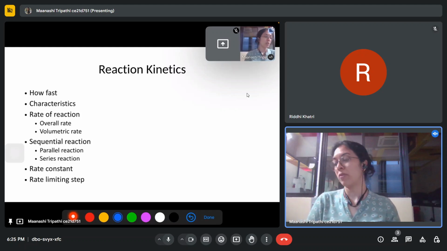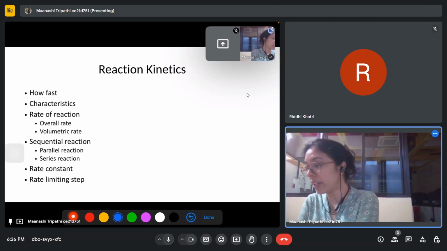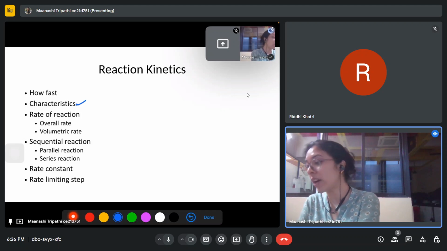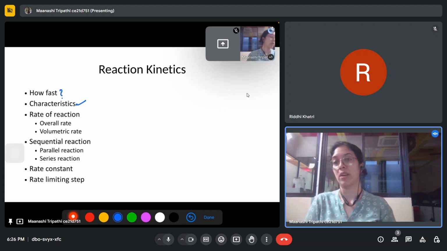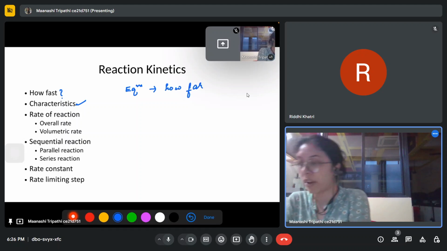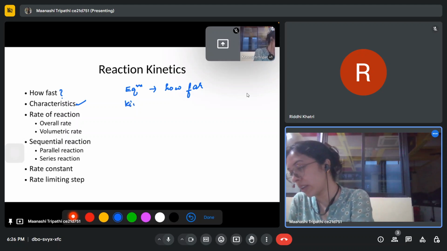The next concept was reaction kinetics. So what is reaction kinetics? It is a characteristic of the reaction and it defines how fast the reaction is going. So what was equilibrium? Equilibrium tells us how far the reaction is going, but kinetics is how fast.